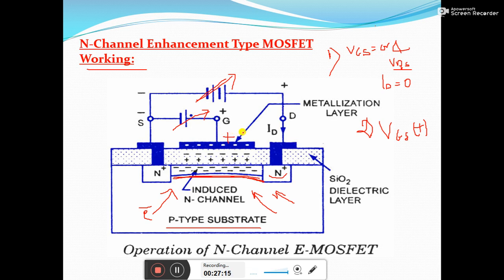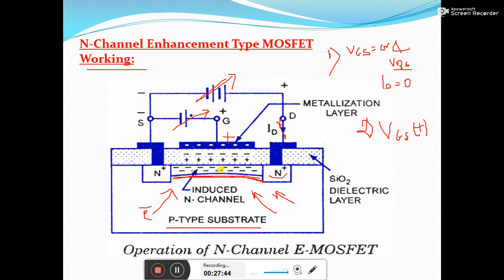If you increase the value of VGS beyond the threshold voltage, you will see a significant increase in the drain current, because once the channel is formed, more and more electrons from the source are attracted towards the drain, so more and more drain current starts to flow.